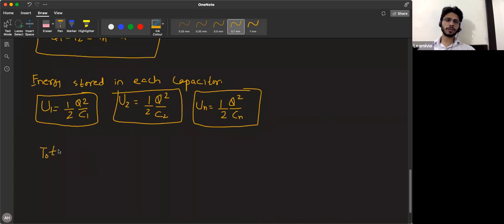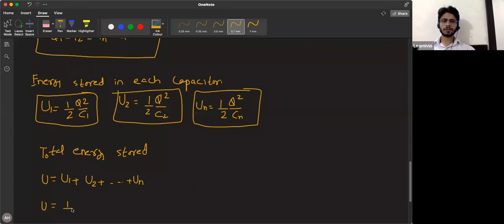Next, we need the total energy stored. To calculate total energy stored, just keep on adding individual energies: U1 plus U2 up to Un. U1 is half Q square over C1, plus half Q square over C2, and so on.